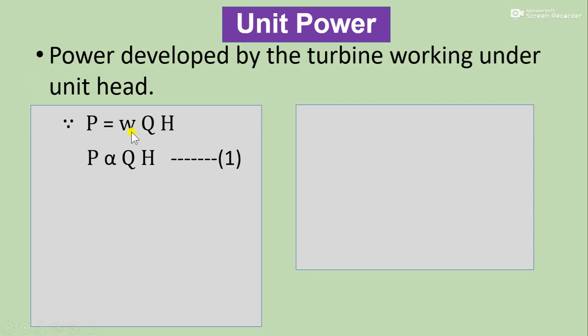Here, as specific weight is constant, we can have a relation for power, meaning P is directly proportional to Q and H. Take this as equation 1.